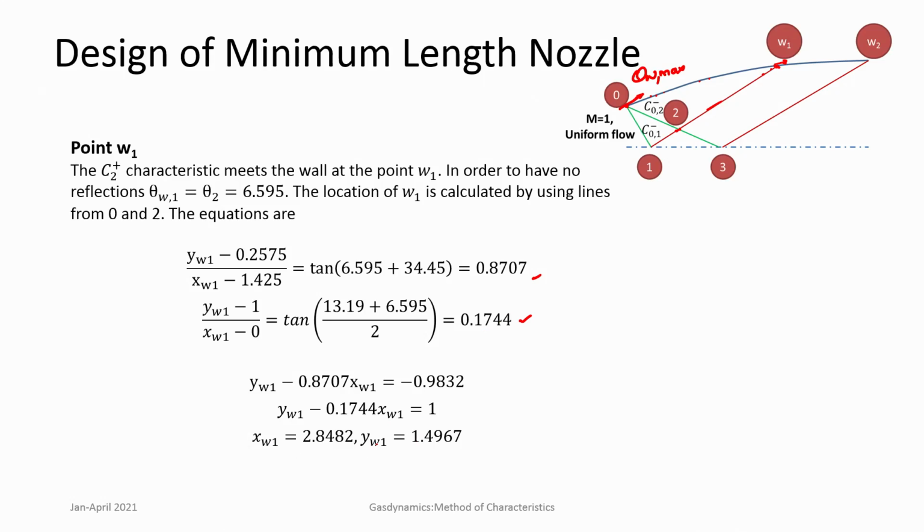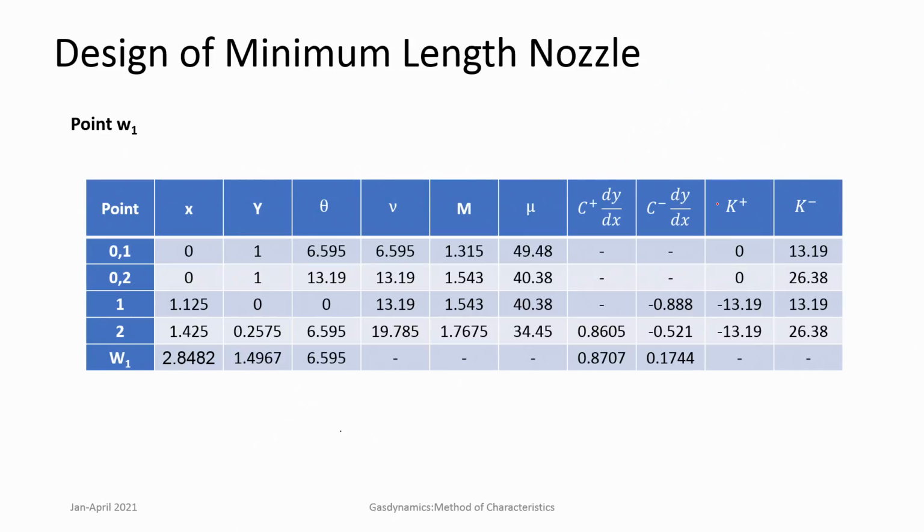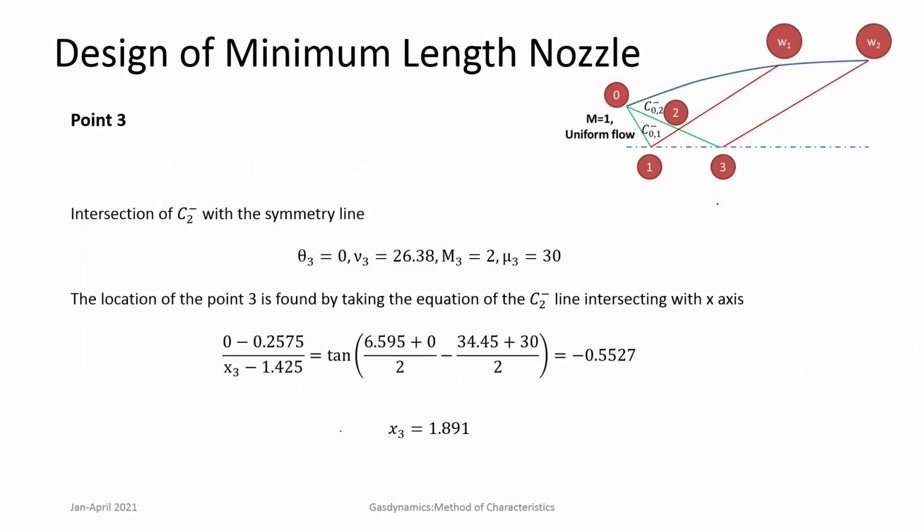Okay, so you are getting these numbers now. So this number is much away. So this is about 1.4967, and the location is 2.8482.